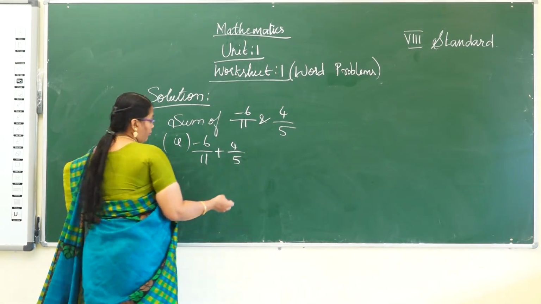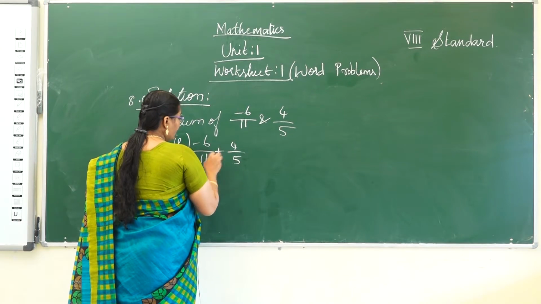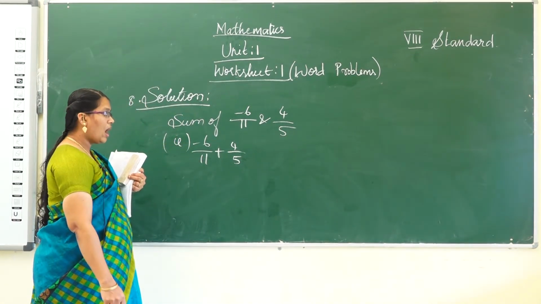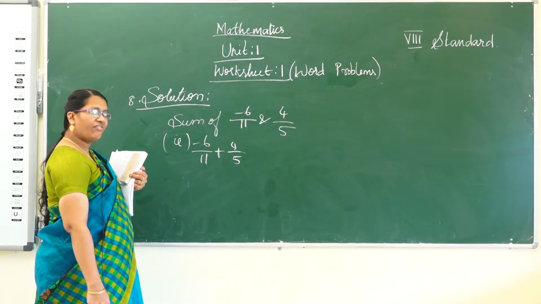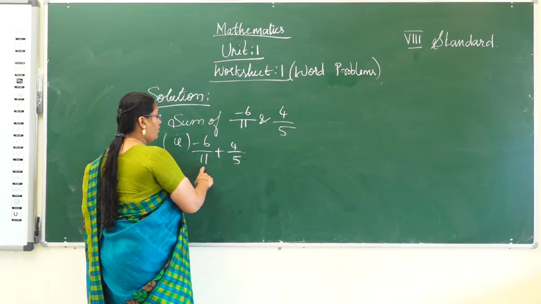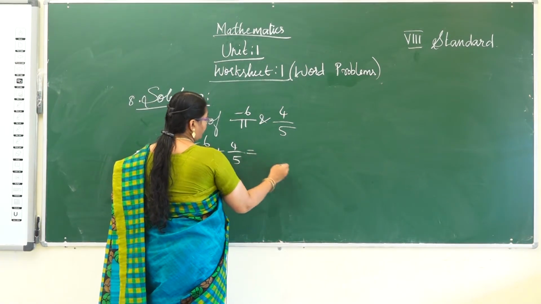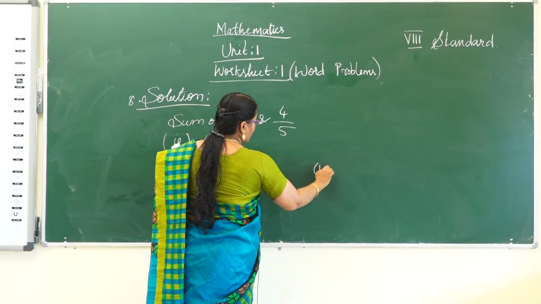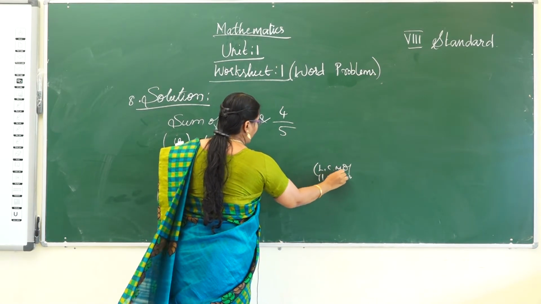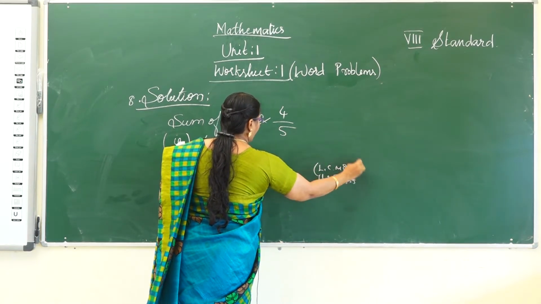Now there are two different denominators, so unlike fractions are given. What do we do? Take the LCM. What is the LCM of 11 and 5? It is 55. So the LCM of 11 and 5 is 55.